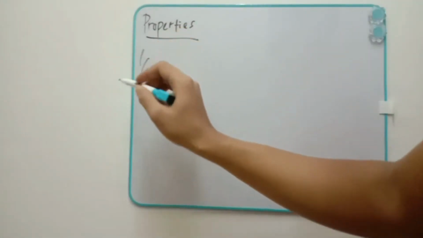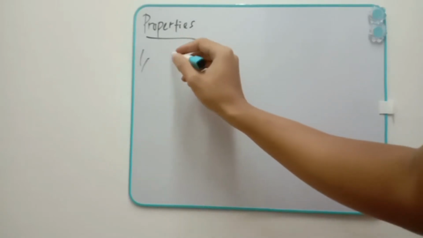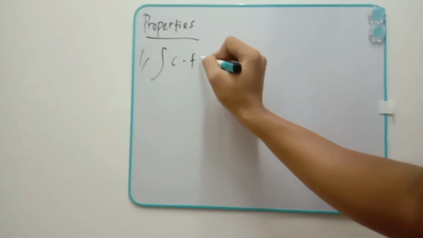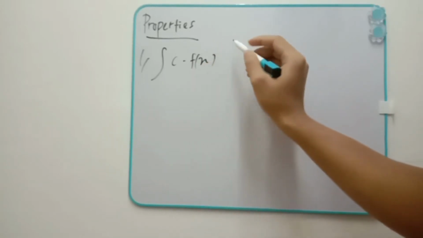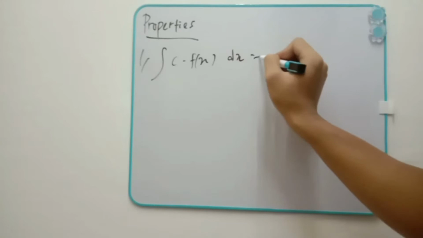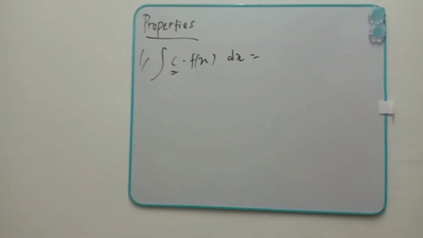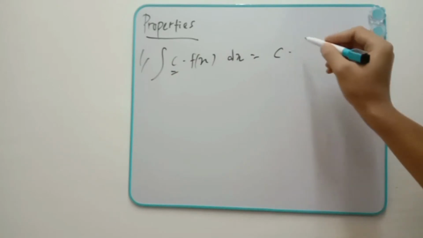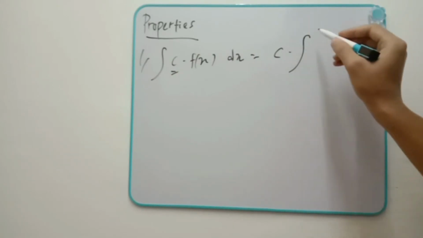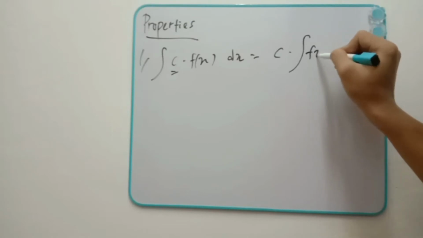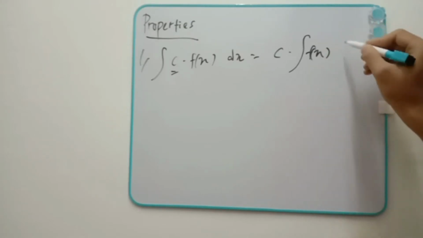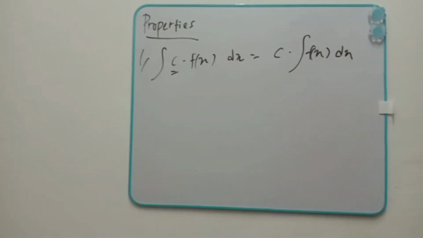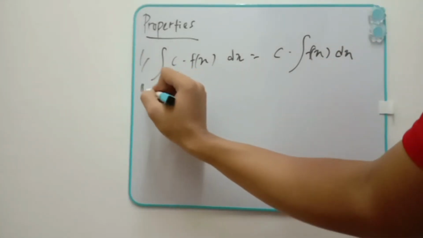Theorem number 1 shows that if a constant c is multiplied with a function, we can take out c and then integrate the function of x. This is theorem number 1.